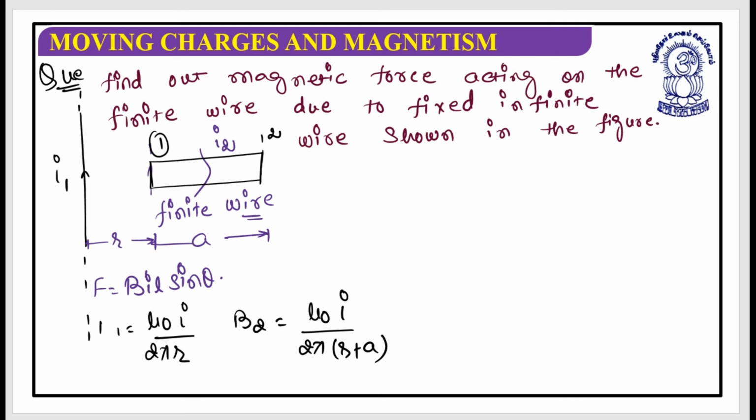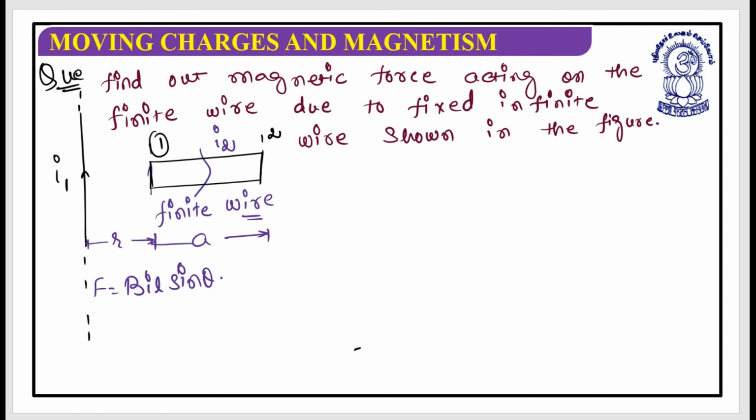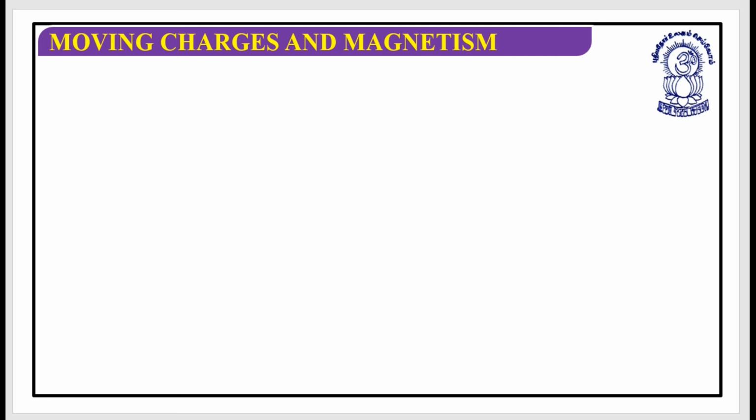I hope you understand the scenario. So I cannot apply F is equal to BIL sin theta directly. This is the case of a variable magnetic field at every instant.